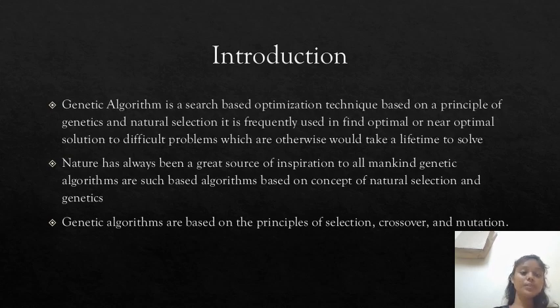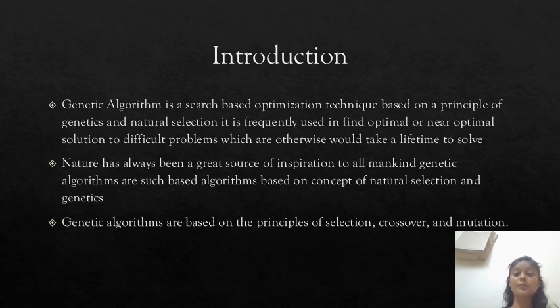Nature has always been a great source of inspiration to all mankind. Genetic algorithms are based on the concept of natural selection and genetics, and on the principles of selection, crossover, and mutation. So here it mainly tells that it is related to nature, how nature works.